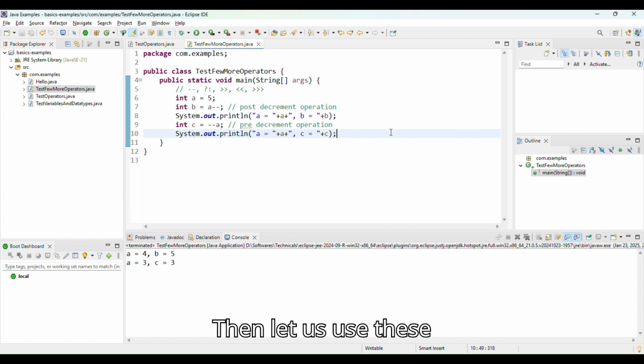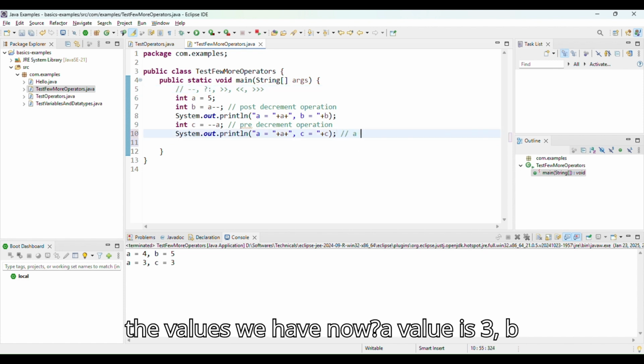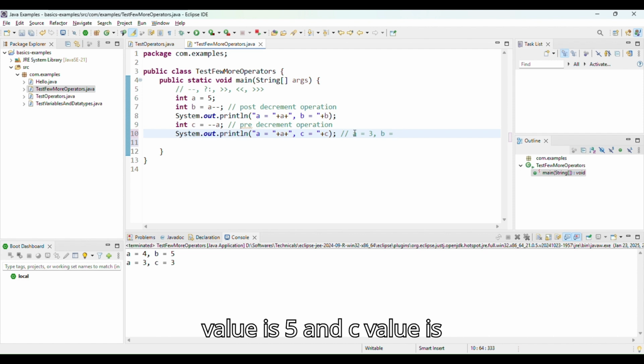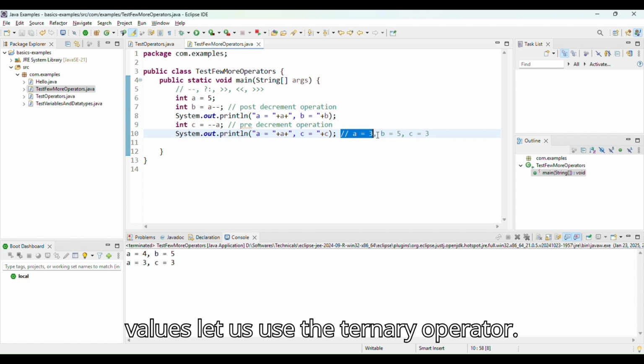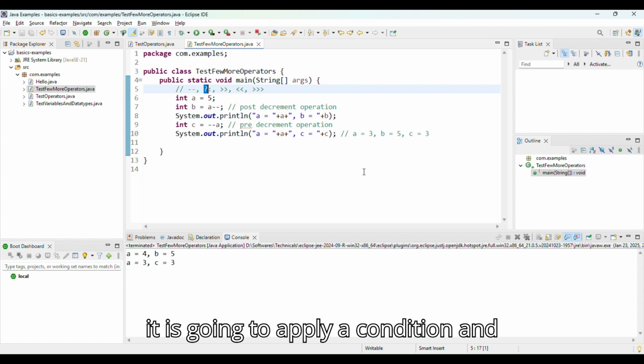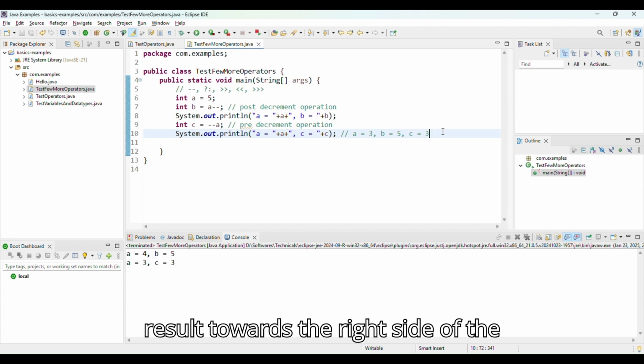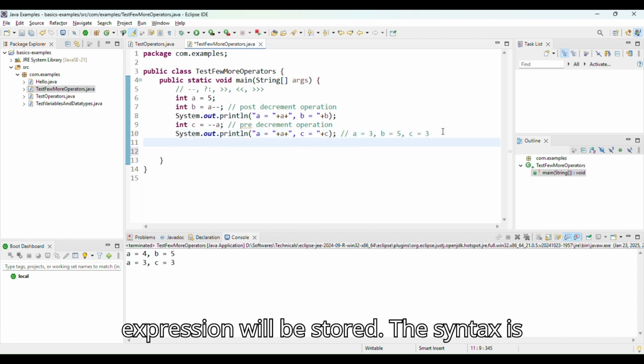Then let us use the ternary operator. So what are the values we have now? A value is 3, B value is 5, and C value is 3. Correct? Using these values, let us use the ternary operator. How the ternary operator works is, it is going to apply a condition and then based on the condition, the result towards the right side of the expression will be stored.